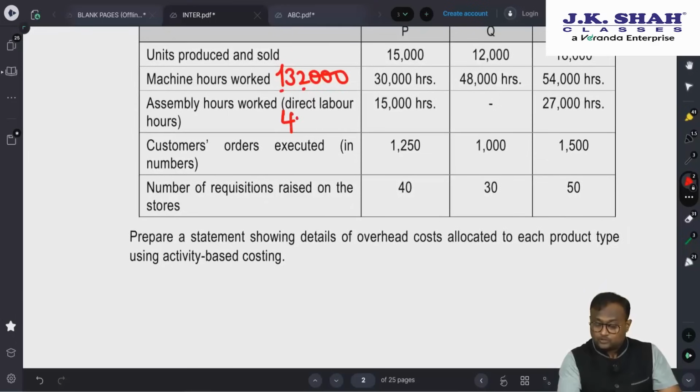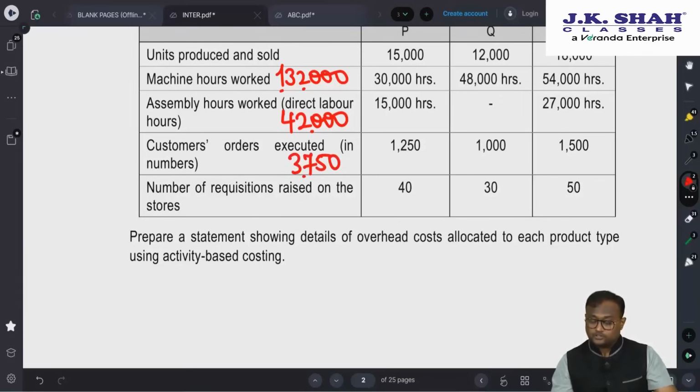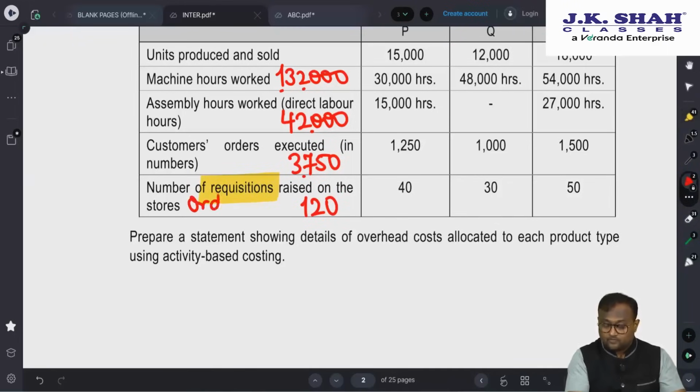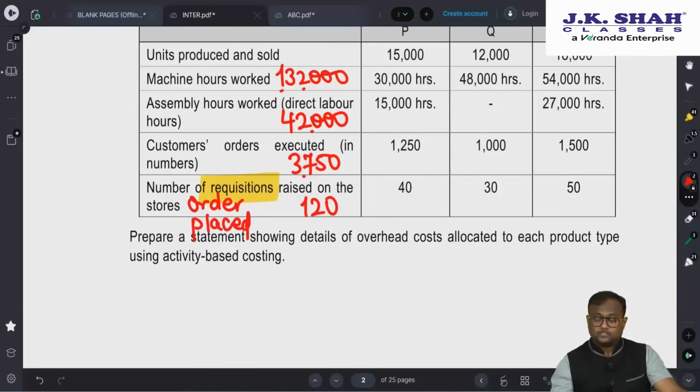Then 42,000 labor hours, assembly hours. 3,750 customer orders and 120 requisitions. Requisition means an order placed for material. So anything related to material orders will use this as a base.